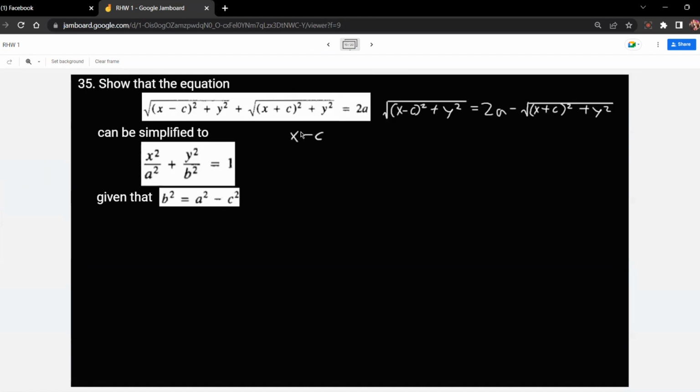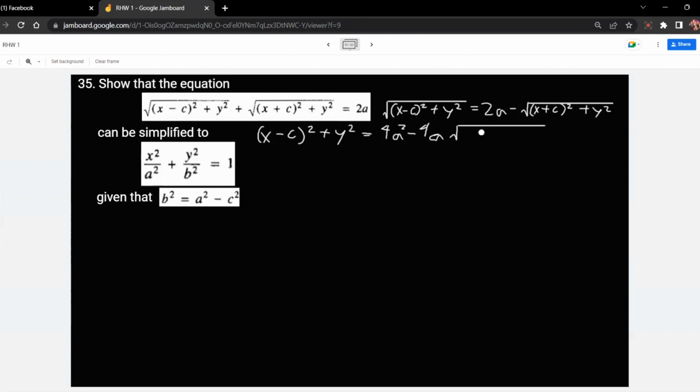Torture simulator po, mathematics. So 4a squared minus 2 times 2a, that's going to be 4a, square root of (x plus c) squared plus y squared, plus the quantity (x plus c) squared plus y squared. I have a good feeling po at some point in time, may malalaglag.